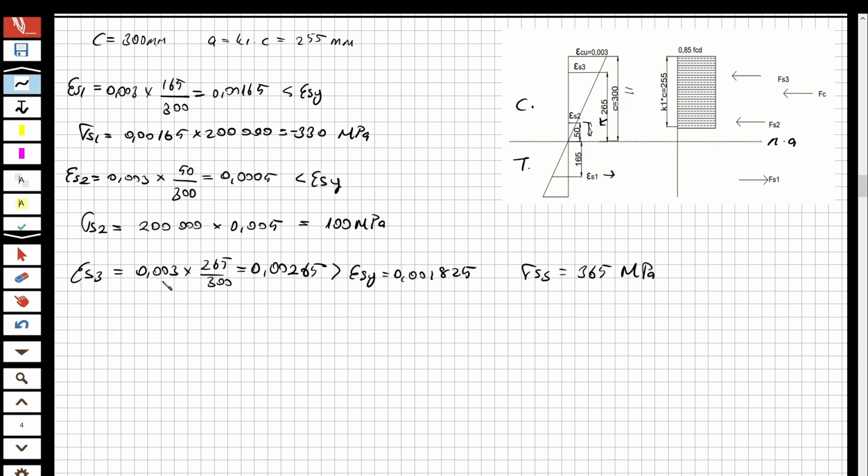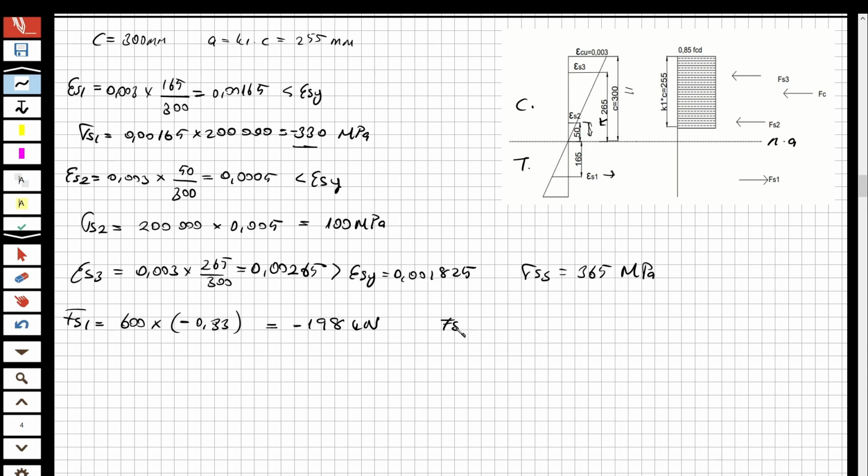Okay, so now I got it. So let's calculate the forces. For Fs1, it's going to be the area of the steel multiplied by the stress, minus 0.33, and this is going to be equal to minus 198 kilonewton.